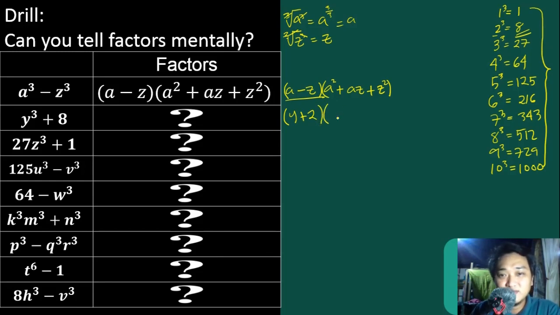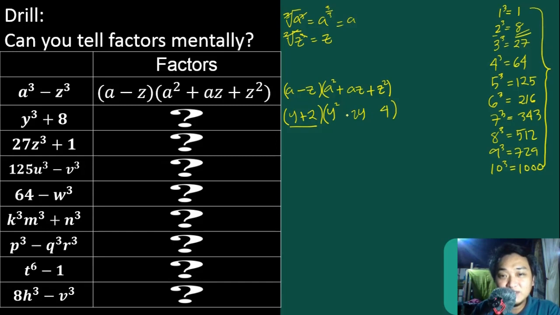Okay. And what will be our trinomial? Ito na yung pupukusan natin. Y squared. Ano yung square ni 2? That is 4. Ano yung middle term? 2y, product ng terms ng binomial.